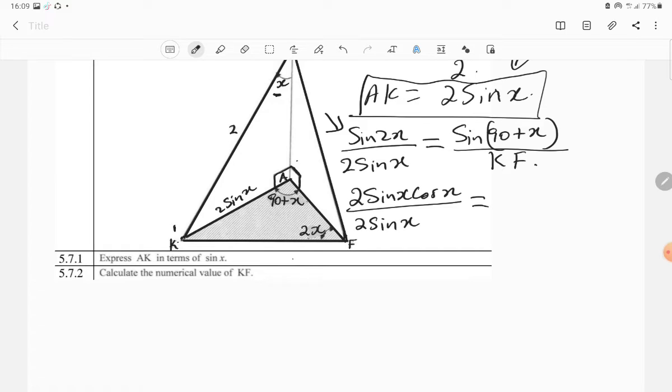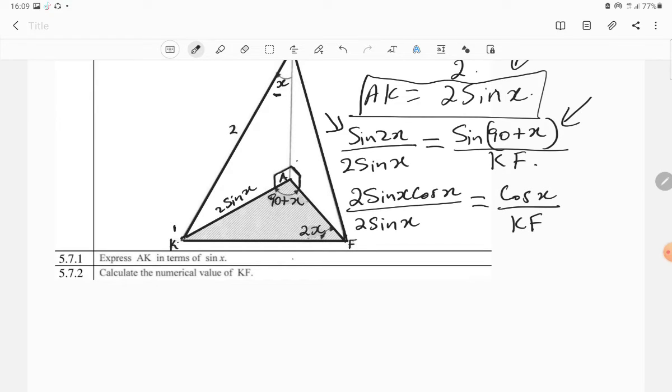Then divided by, you can see that this one you can reduce using cofunctions. So sine of 90 plus x, this is going to be cos x. Sine is positive in the second quadrant. This is just going to be cos x divided by KF.